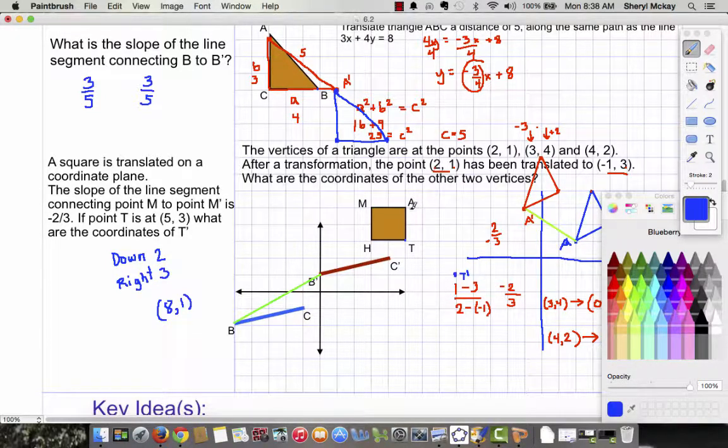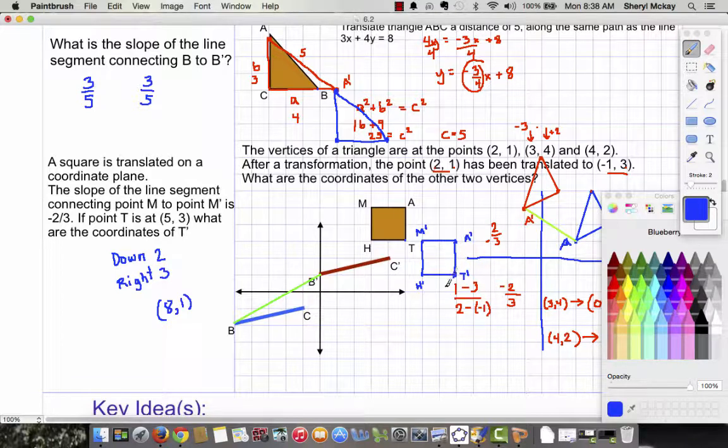You can translate each point, or once you know what your shape is, and this happens to be an easy shape, I know it's a 2 by 2, I can just go up 2, over 2, so this is A prime, and this is M prime, and then this one is H prime, and then I just have to connect my points like that.